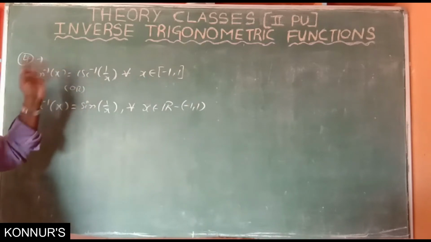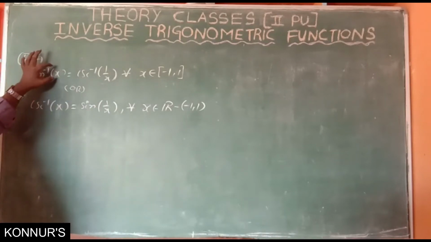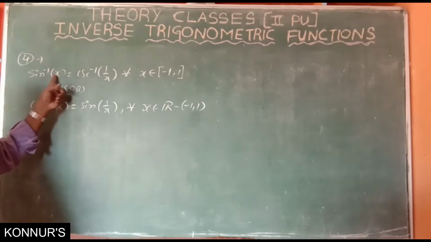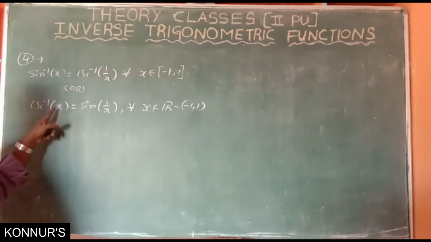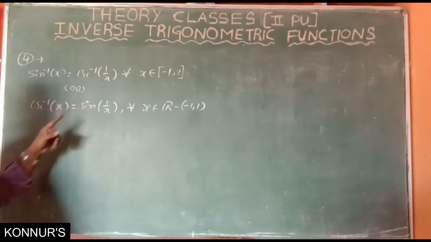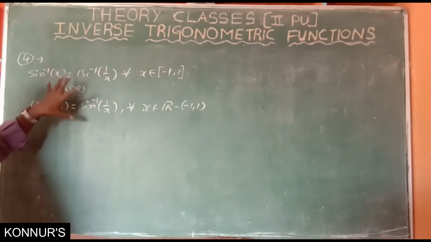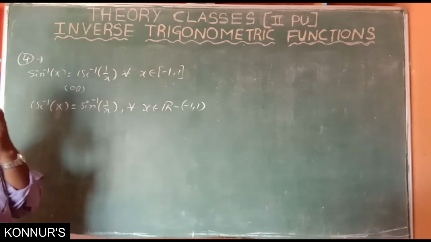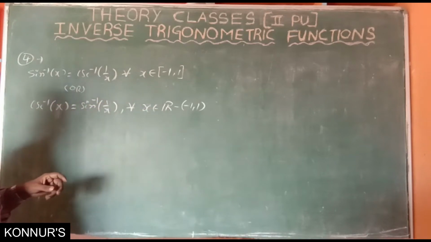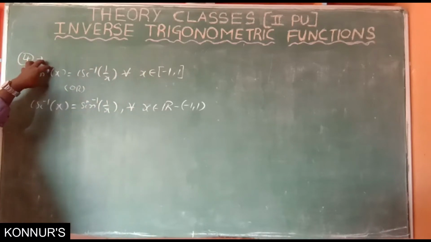It is reciprocal to this one in the first chapter, ratios. But here a difference is there. Sine inverse x, cosecant inverse of 1 by x. Whereas cosecant inverse x is equal to sine inverse of 1 by x. Okay, now concept is same, but with different intervals. You see now, x belongs to minus 1 comma 1. It is related with sine only, sine x.